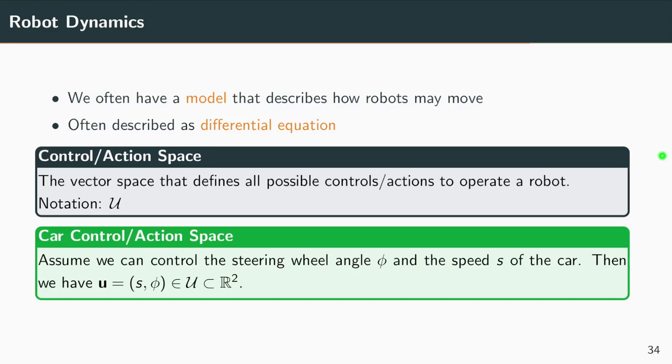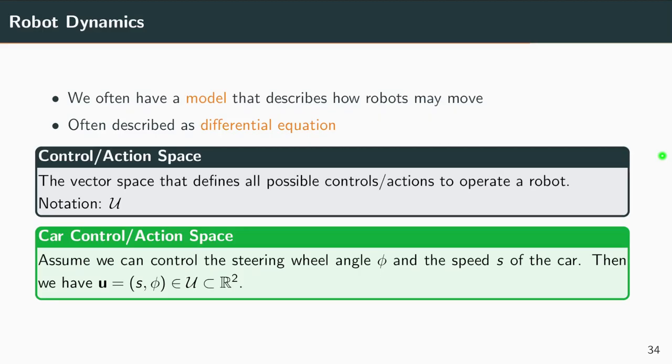And so to model that in terms of motion planning, we need to somehow have a model of how the robot can even operate. And that is known as robot dynamics. And for robot dynamics, we need to first add some more definitions again. So what we typically have is this control or action space, which defines what we can do to our robot in order to make it move, for example.